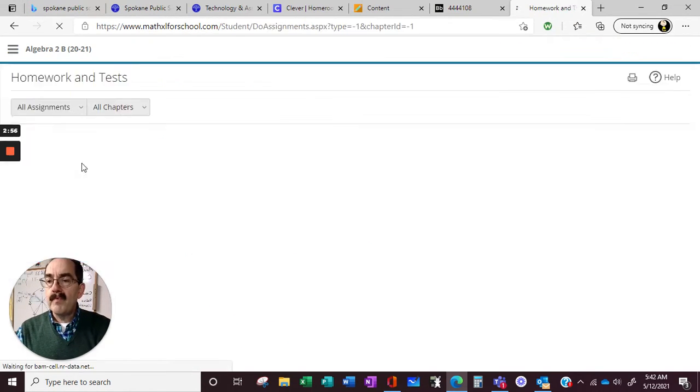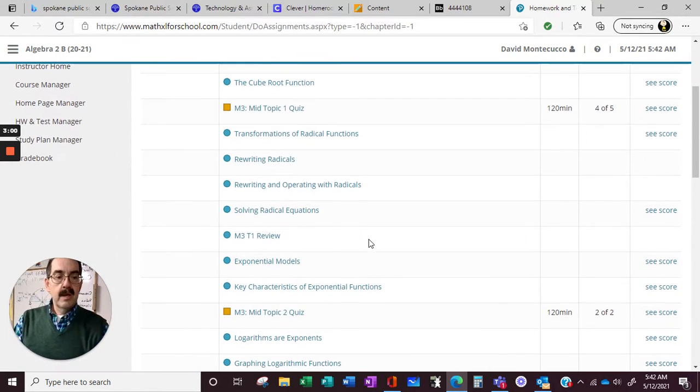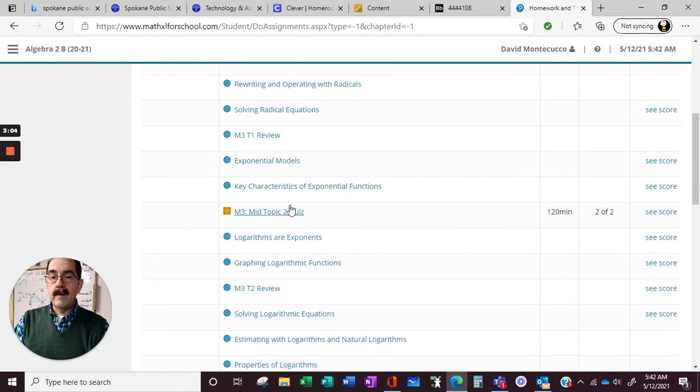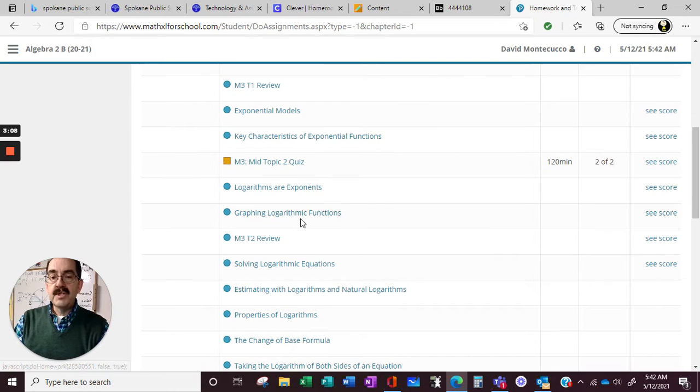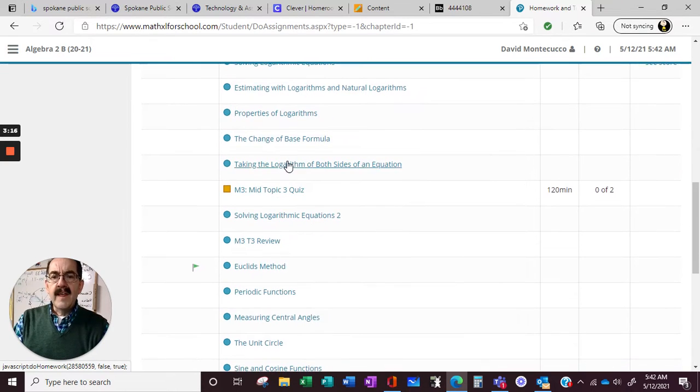Now again, we're kind of all over the board. Everybody has moved beyond here, a few of you are in the exponents and the graphing, and a few of you are just doing the logarithms. Today I thought, let's look at a review and a solving, and then we don't actually have to do all of these.